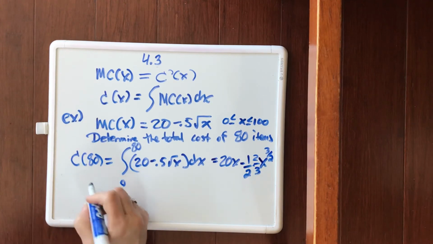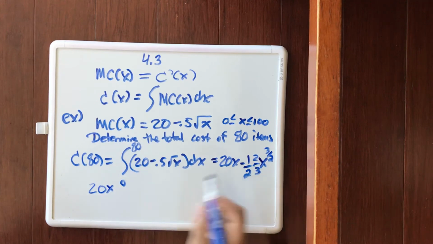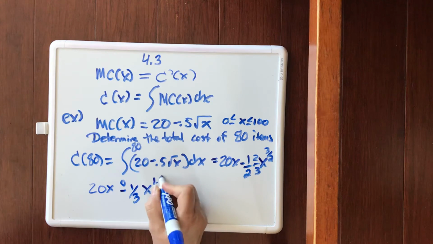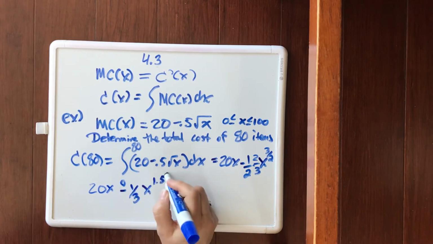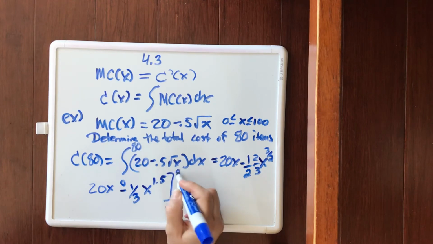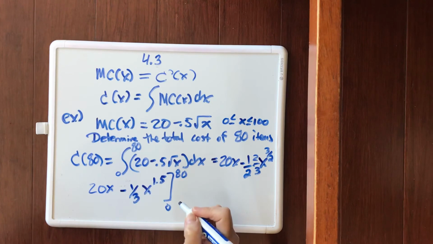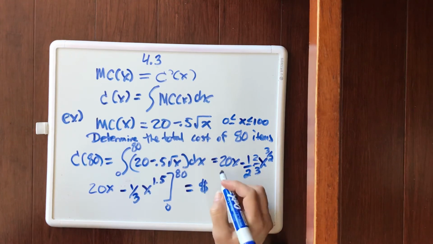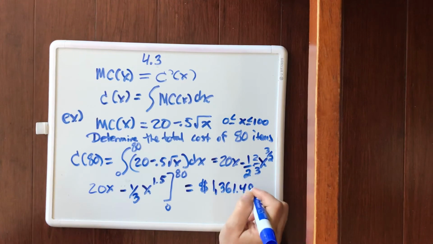All right, so we're going to say we have 20x, that cancels out, minus 1/3, x to 1.5, because that's what 3/2 is, and we're going to do that from 0 to 80. All right, this 0 goes over there. All right, so when you do that, in the end, you will find the total cost is going to be 1,361.49.